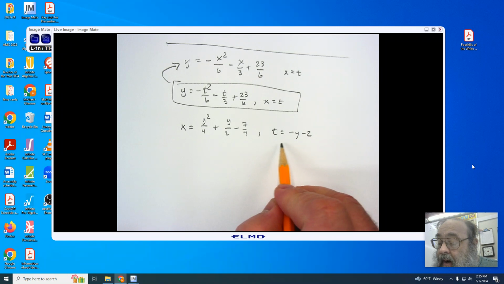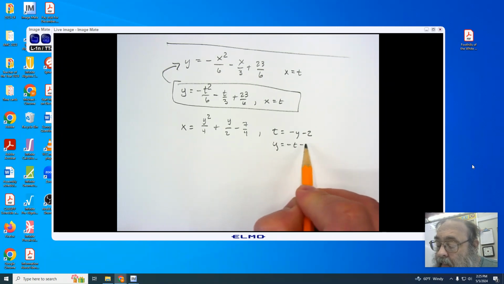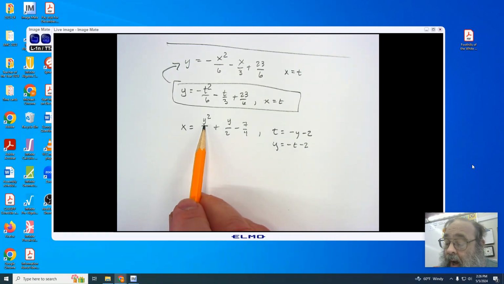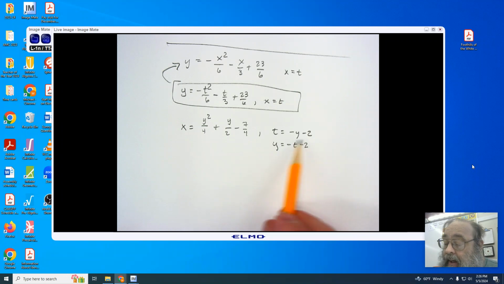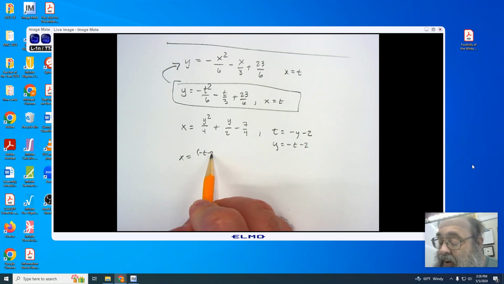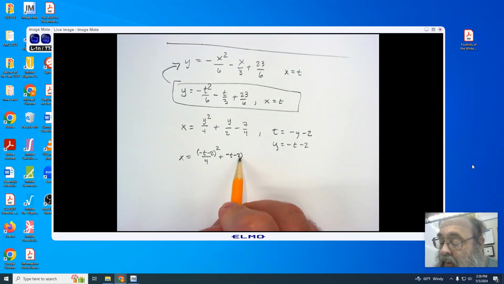So I'm going to go ahead and move my y over. So y equals negative t minus 2. Now, wherever I see my y, I'm going to put negative t minus 2. So x has to equal negative t minus 2, squared, over 4 plus, and I've got a negative t minus 2 over 2 minus 7 over 4.